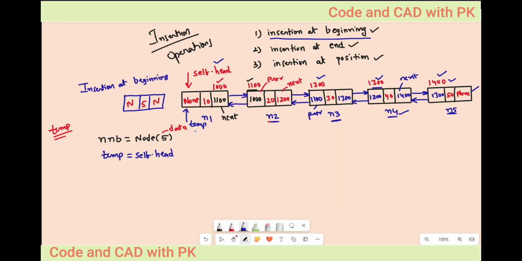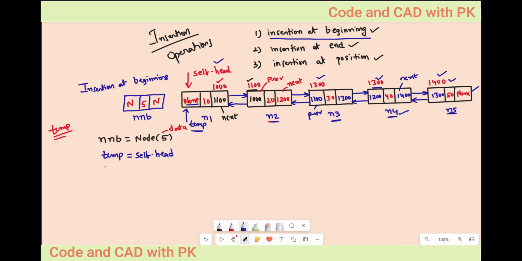Immediately this is made temp. So already this temp dot previous is none. Now this node name is NNB, new node at beginning. So temp dot previous is none. Now I am going to replace this temp dot previous with NNB.